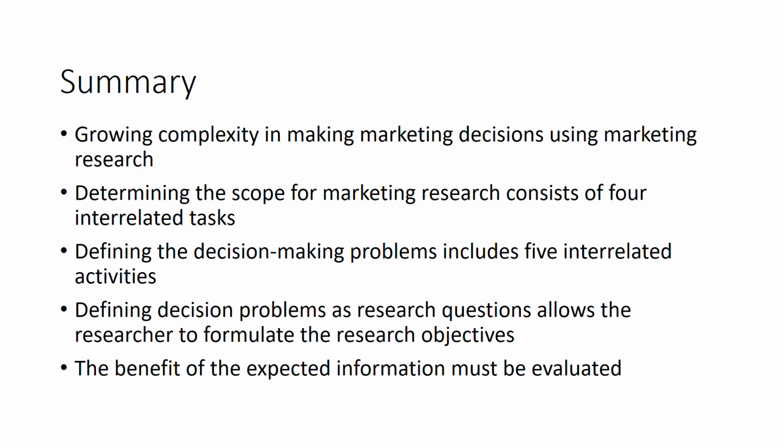So in summary, we have this idea that because marketing is becoming more complex, the decisions that we need to make are also becoming more complex. Determining the scope of the research consists of 4 interrelated tasks. This is the most crucial stage of the research process.